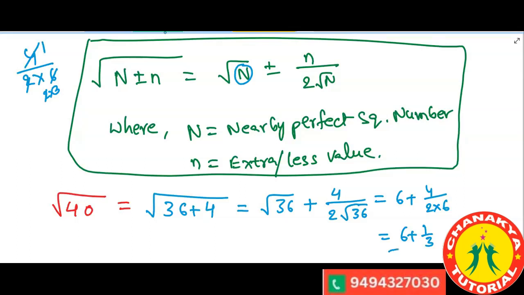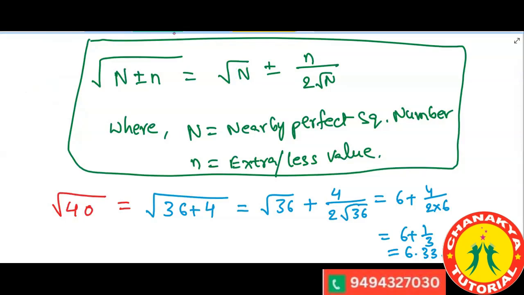So overall, our answer will be 6.333, and so on. This is the approach to find non-perfect square roots. We are finding non-perfect squares by the use of perfect squares only.